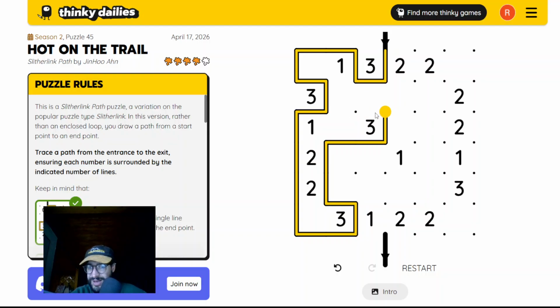Now what do we do with this tree like this? Okay, let's just go maybe like this. Okay. So, oh, now I'm seeing that this is a level 4 slithering path. That's maybe why I'm struggling so much. So I'm not very good at these ones.